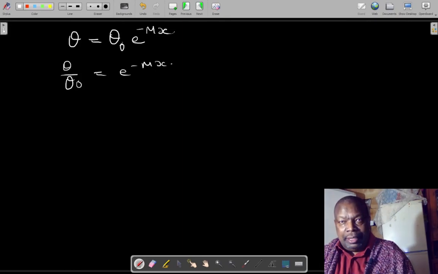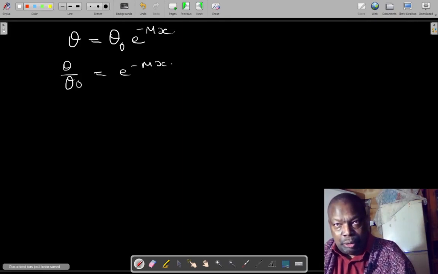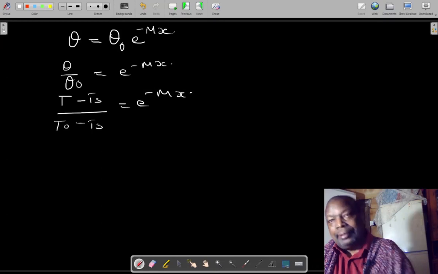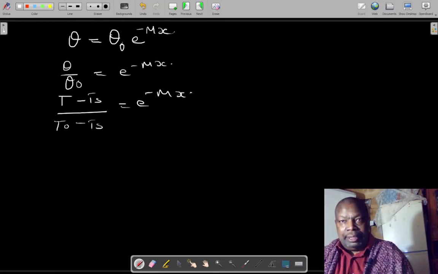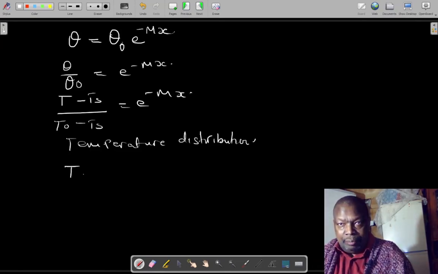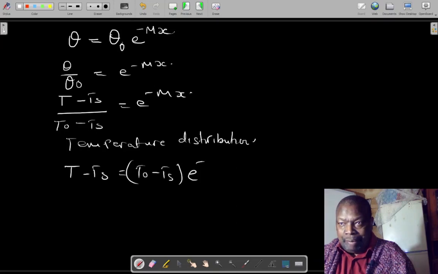And this means that our temperature distribution, T minus Ts divided by T naught minus Ts, is equal to e raised to the power of minus mx. That is our temperature distribution. Now, T minus Ts is equal to T naught minus Ts times e raised to the power of minus mx.